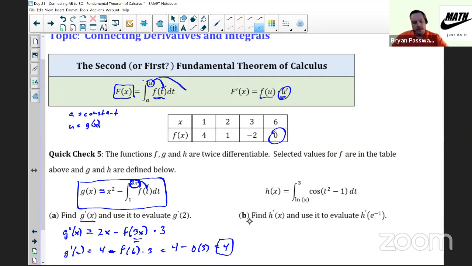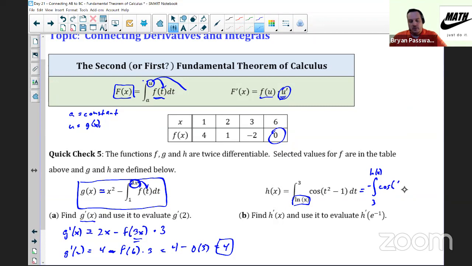We're not going to do part B, but I want to illustrate what I mean by why we're multiplying by the derivative of the limit and not what's in parentheses. Because in this example, when it says find h prime of x, first of all, our limits are expressions, including in the bottom limit. So one thing we could do is remember, we can use our properties of integrals that we just talked about, and we can flip those limits, couldn't we?